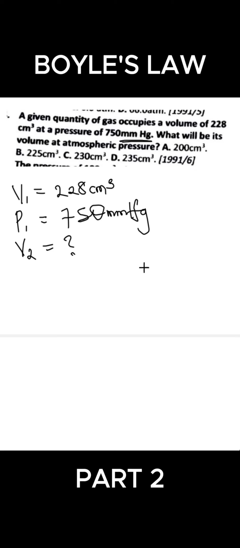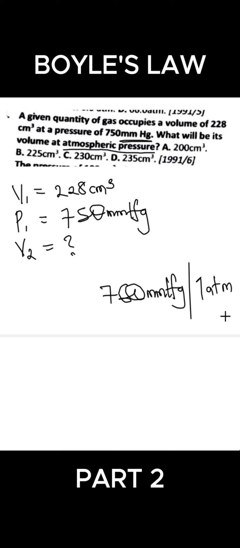What will be its volume at atmospheric pressure? Now take note of this, at atmospheric pressure. The atmospheric pressure here wasn't given to you, but if you understand your kinetic theory of matter very well, under standard temperature and pressure, the standard pressure, which is atmospheric pressure, has a value of 760 millimeter mercury. If your unit is atmosphere, then the standard pressure is 1 atm.